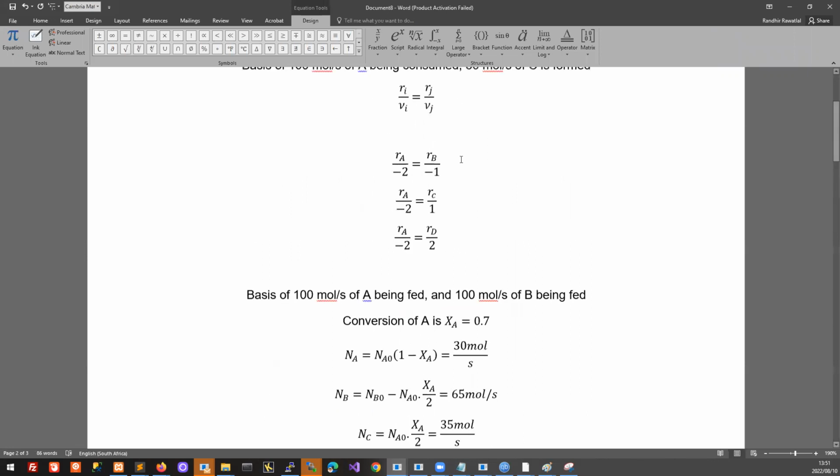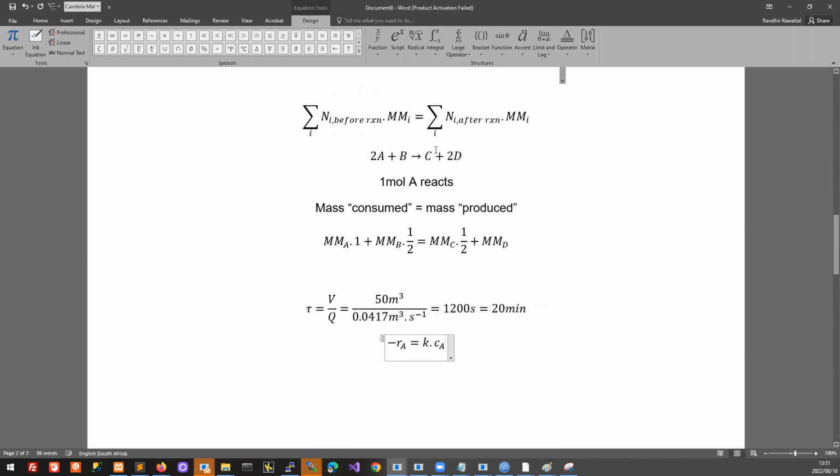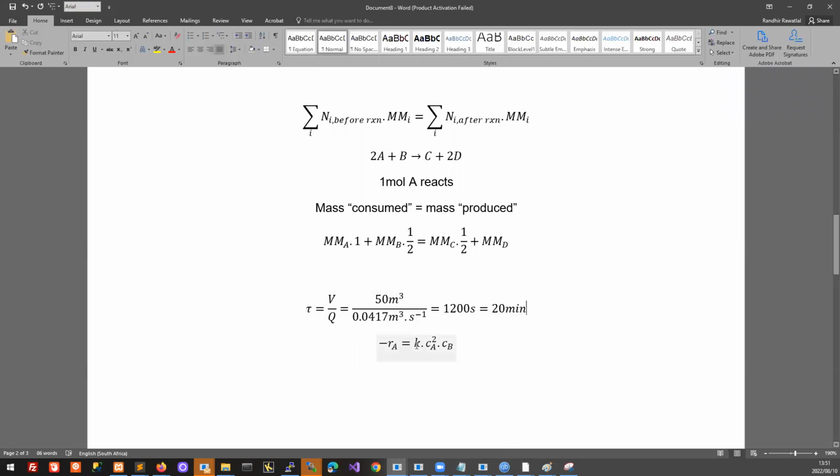What was this? 2CA. Yeah. So it's CA squared times CB. That's our rate expression, and we have the kinetic rate constant, and we need CA and CB.